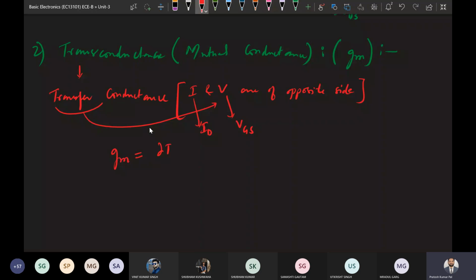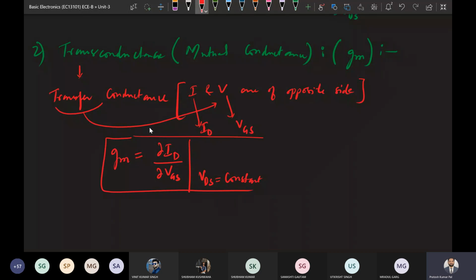So GM will be the relation: change in ID divided by change in VGS, and this will be defined for constant VDS. So this is your transconductance parameter.